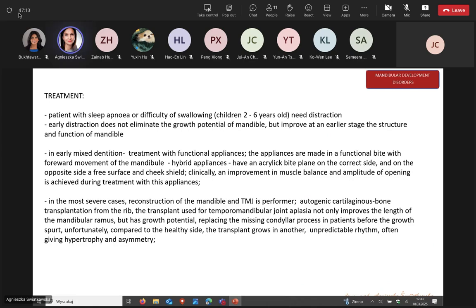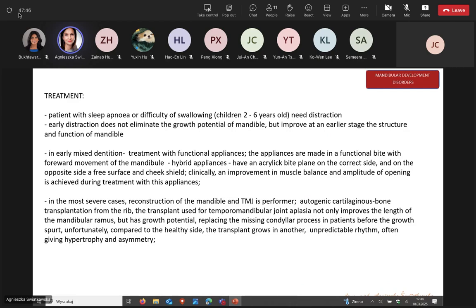A patient with sleep apnea or difficulty swallowing needs distraction very, very early. Early distraction doesn't eliminate the growth potential of the mandible, but improves at an earlier stage the structure and function of the mandible. In early mixed dentition, with treatment with functional appliances, we very often use this kind of hybrid appliance, a special modification of appliances.